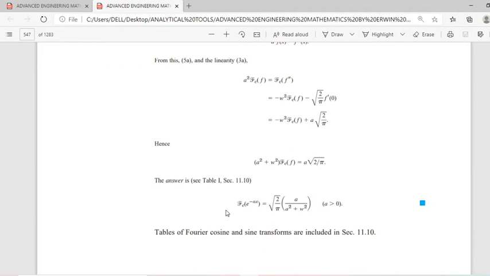Now you can see that the Fourier cosine transform of e raised to minus ax will be root of 2 by pi times a, and we can take this a square plus w square to the right side and it becomes the denominator. So a by a square plus w square, root of 2 by pi, where a is greater than 0.